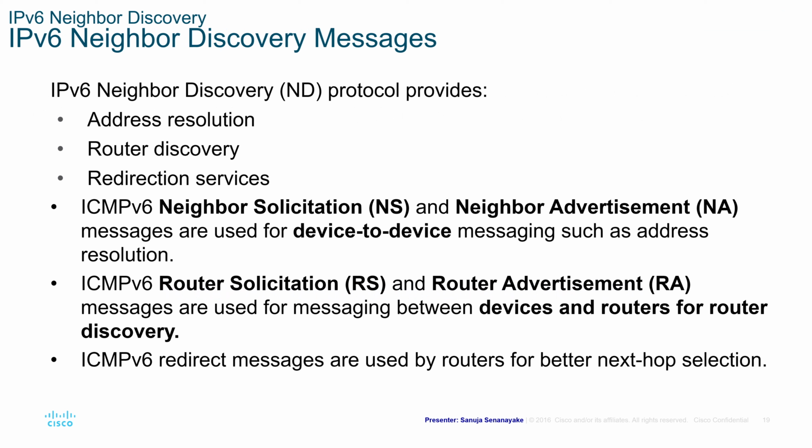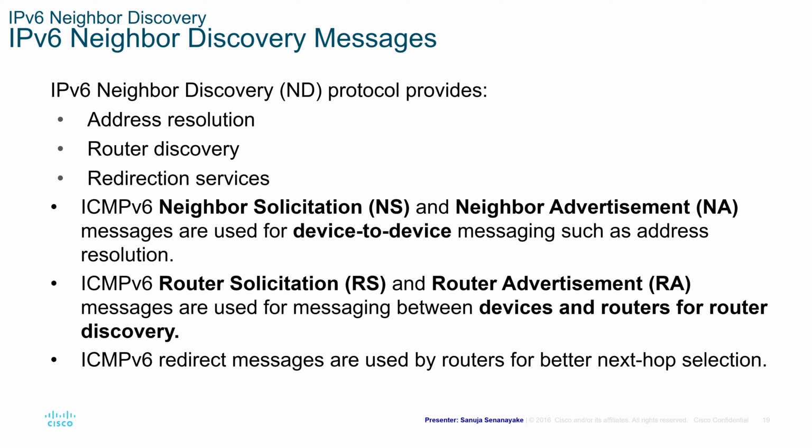IPv6 neighbor discovery messages. The IPv6 neighbor discovery, or ND, protocols provide address resolution, router discovery, and redirection services. ICMPv6 neighbor solicitation (NS) and neighbor advertisement (NA) messages are used for device-to-device messaging such as address resolution.